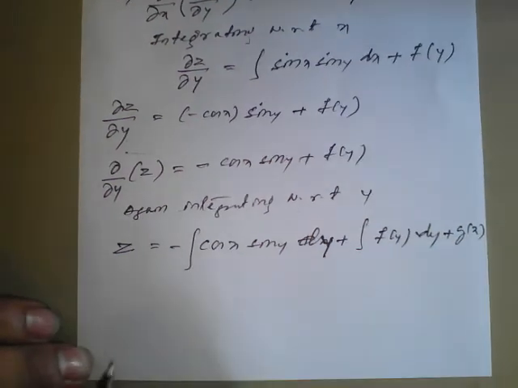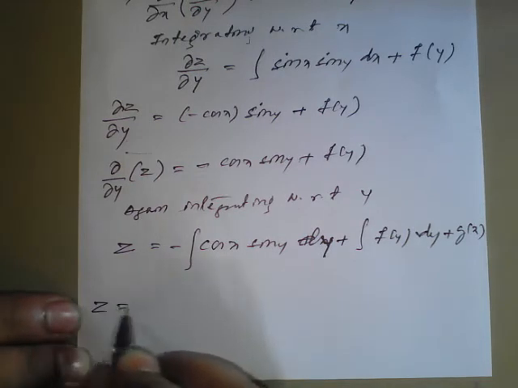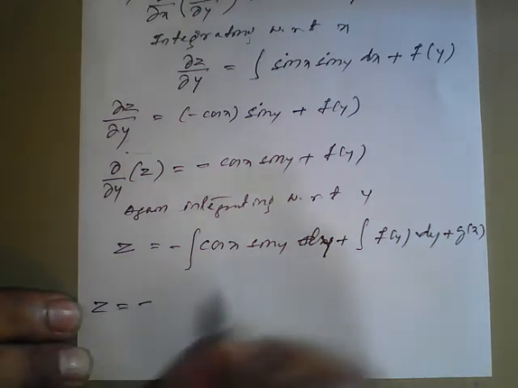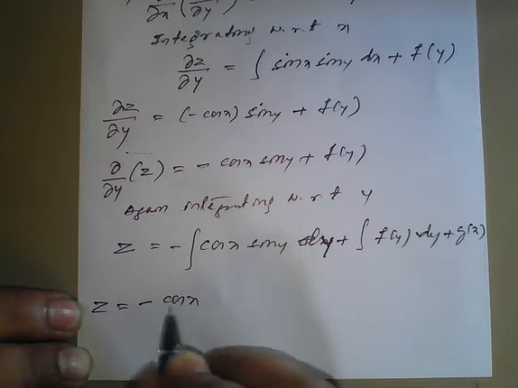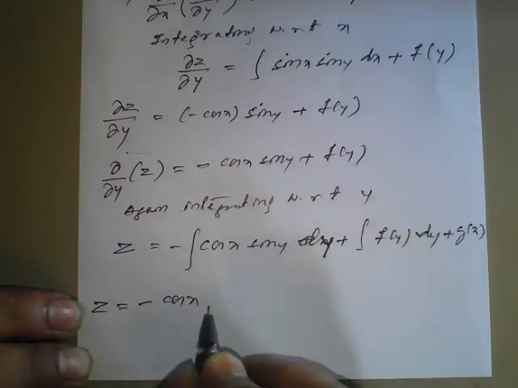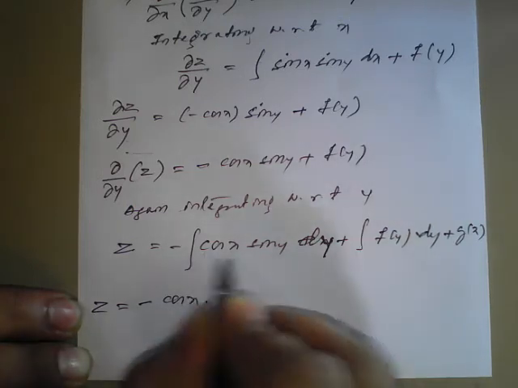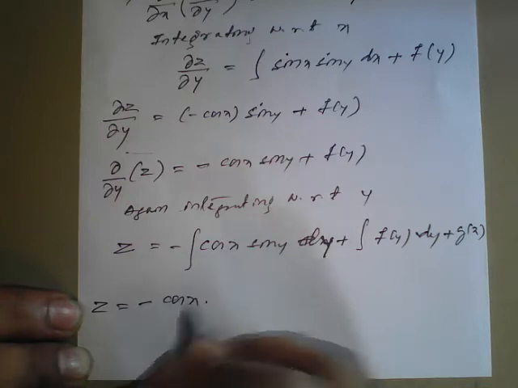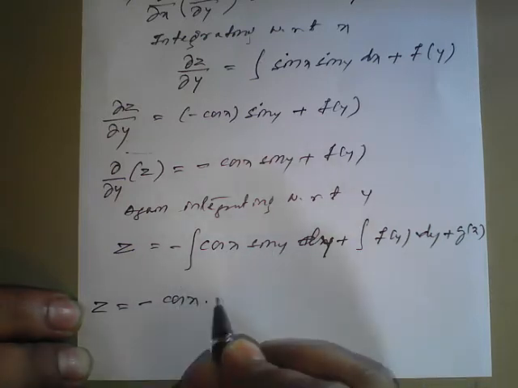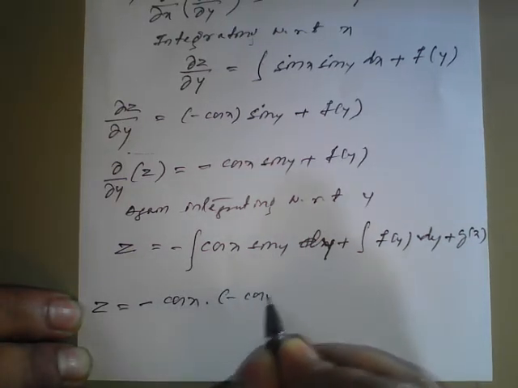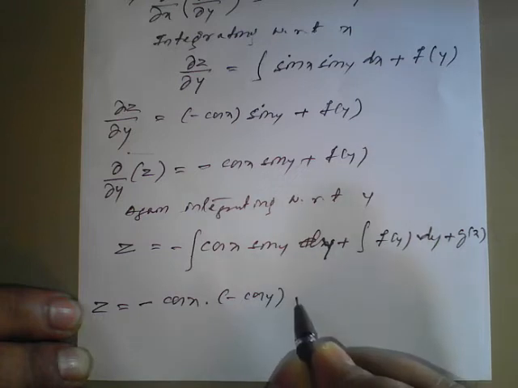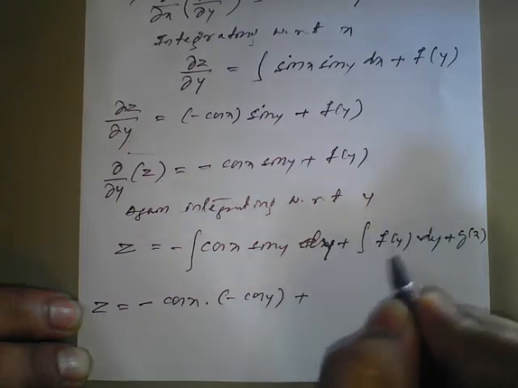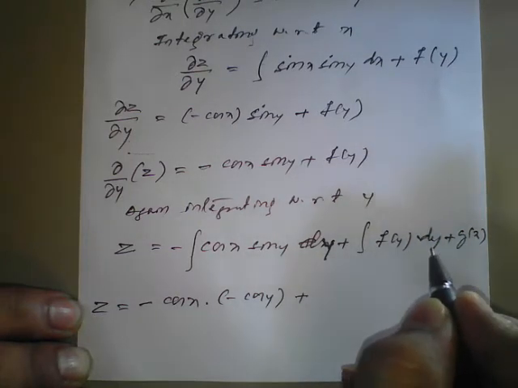So the simplification is z equal to minus, cos x as it is, because we are integrating with respect to y, so cos x is constant, into the integration of sin y, which is again minus cos y, plus the integration of f of y with respect to y.